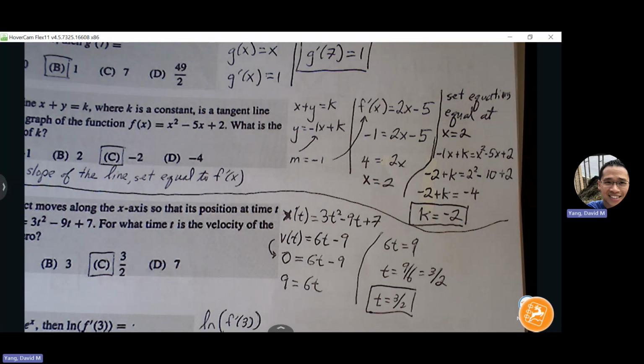Well, this curve, it says k is a constant, find the value where the line is tangent to the graph. So let's say we had this curve here. And then let's say the line is over here. So you're trying to figure out the k value that will allow these two to match and have the same slope.